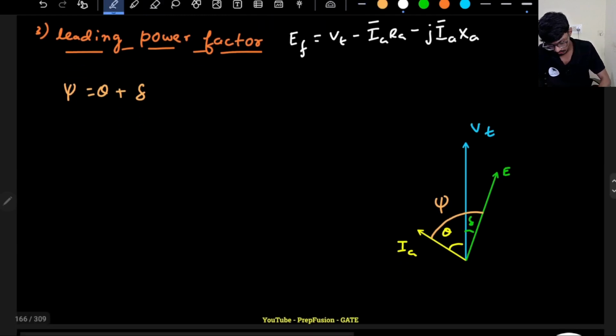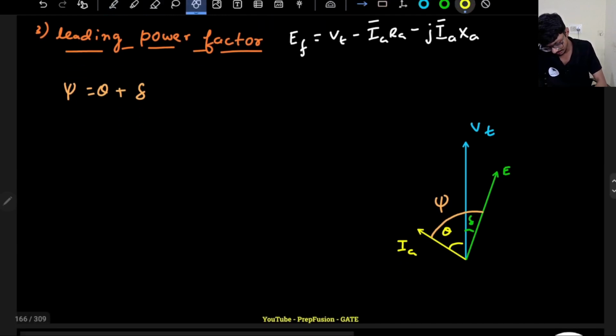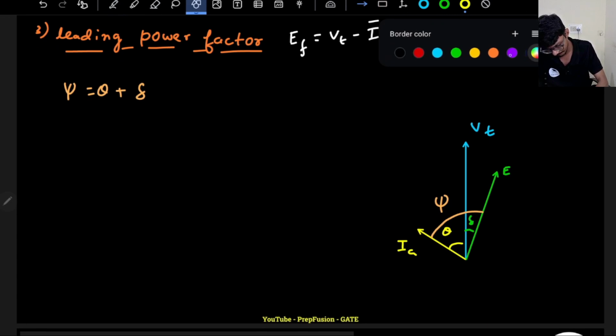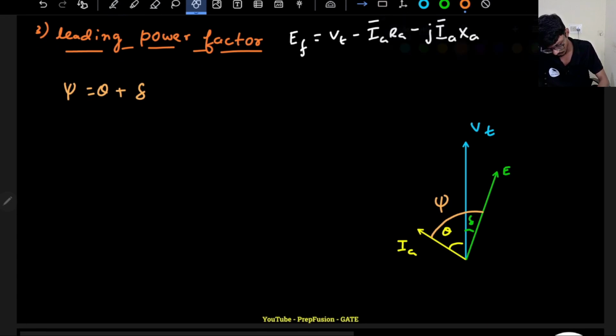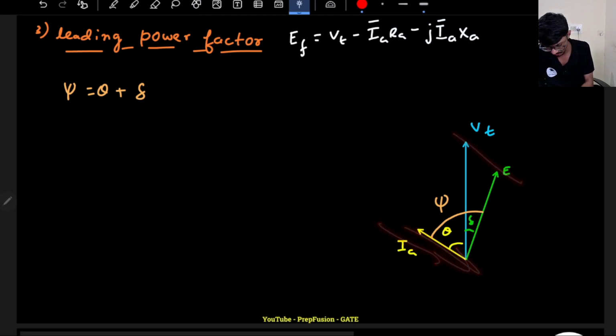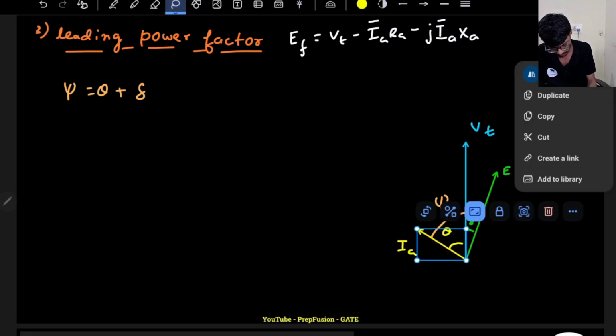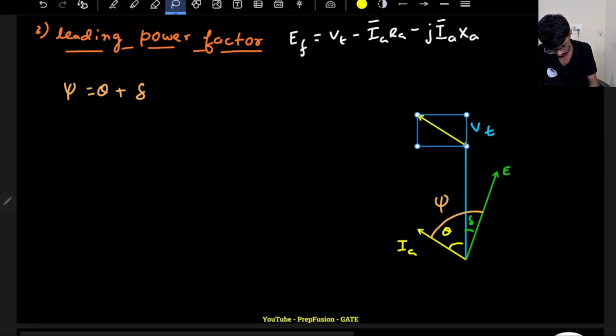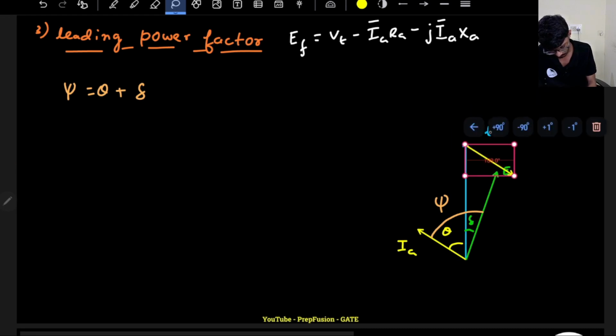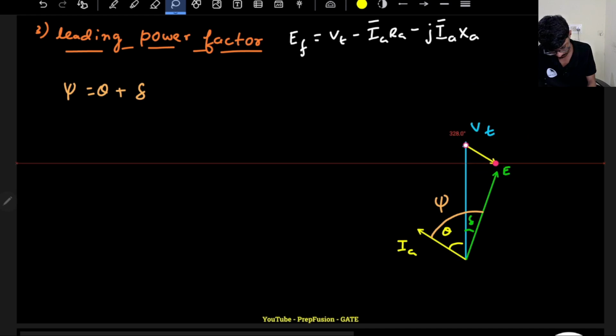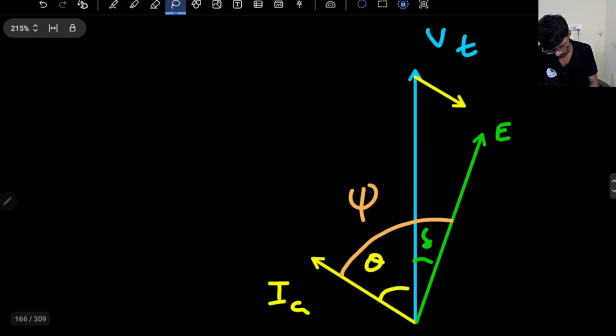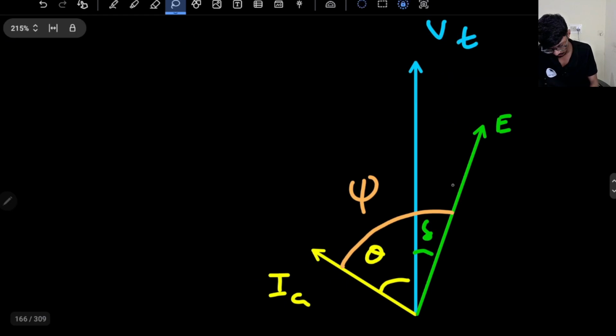Okay, so what is I_a R_a? I_a R_a is somewhere here. Minus I_a R_a: I_a is in this direction, minus I_a R_a will be in this direction, right? So just anti-parallel to this, I have to rotate a whole 180, and of course the drop will be much smaller.